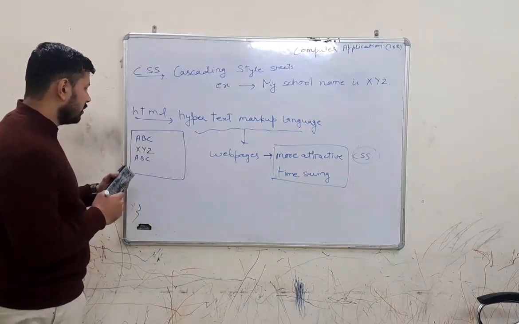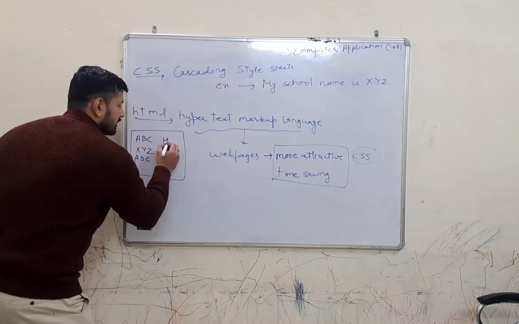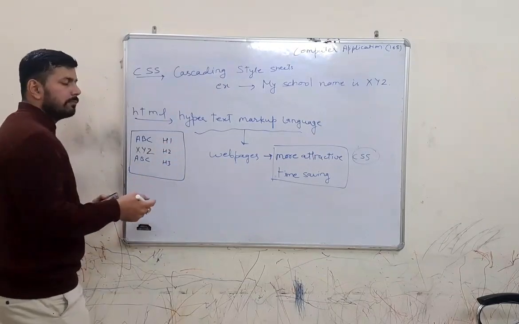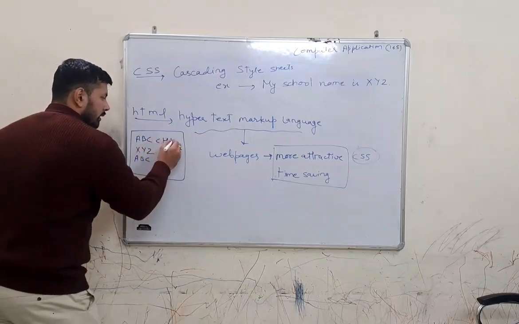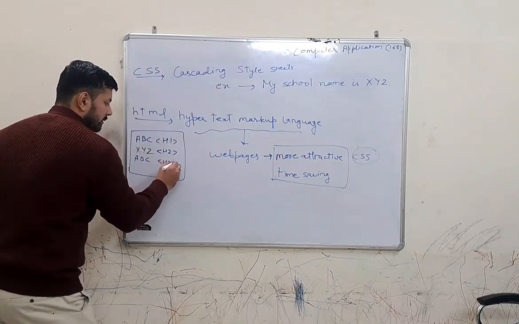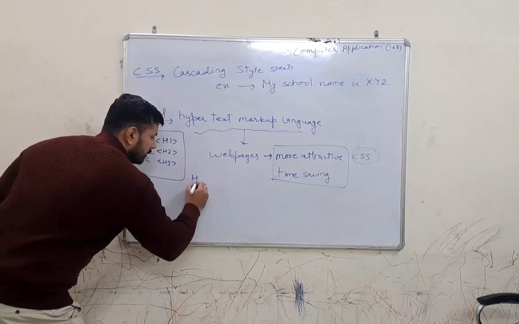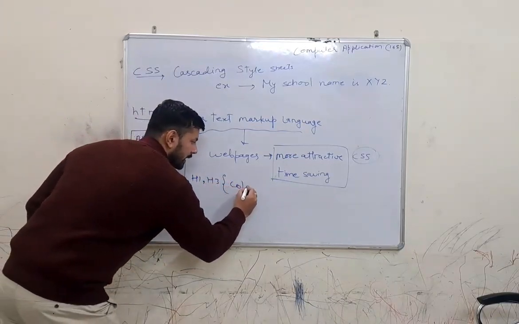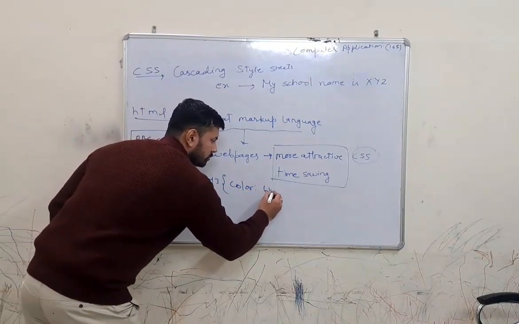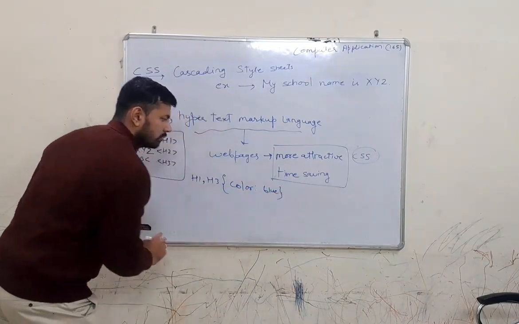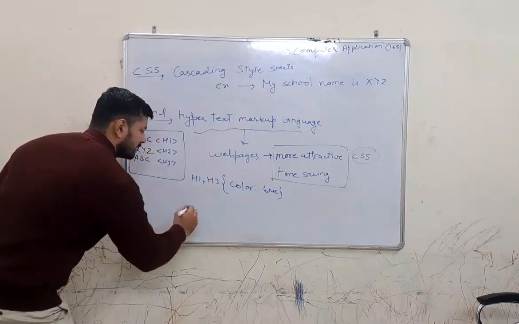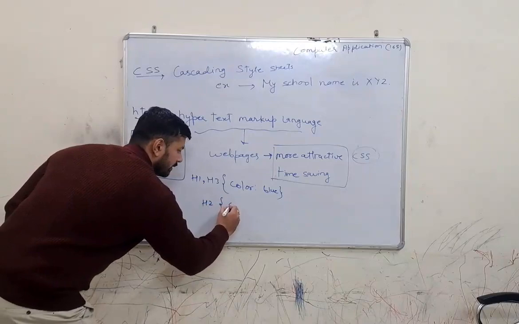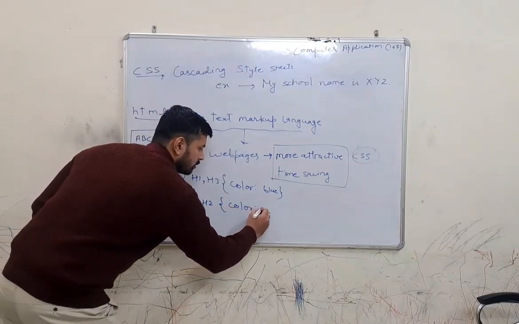How is it time saving? See, this one is heading level 1, this is heading level 2, this is heading level 3. For the example, let's consider the heading levels. For heading level H1 and H3, I want to apply blue. For the XYZ heading level H2, I will apply brown.